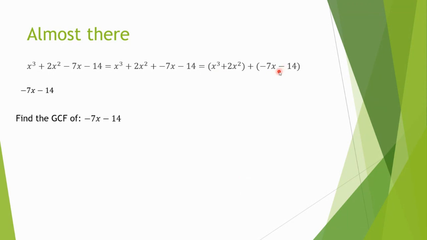So we want to now factor the GCF of this group. Right away you should be able to see that there's a non-zero constant term. Since there's a non-zero constant term, we have to take our m to be 0. In other words, the smallest power of x is 0.